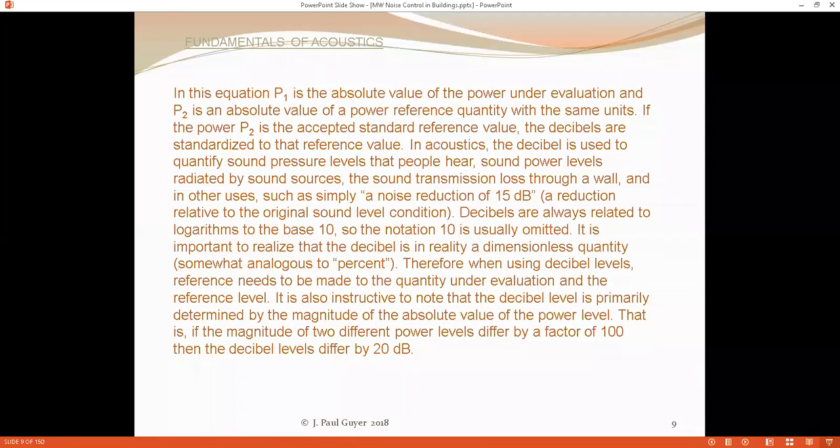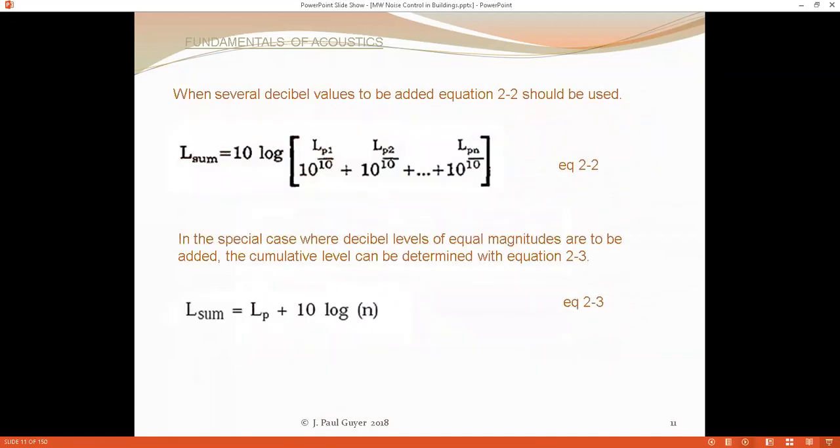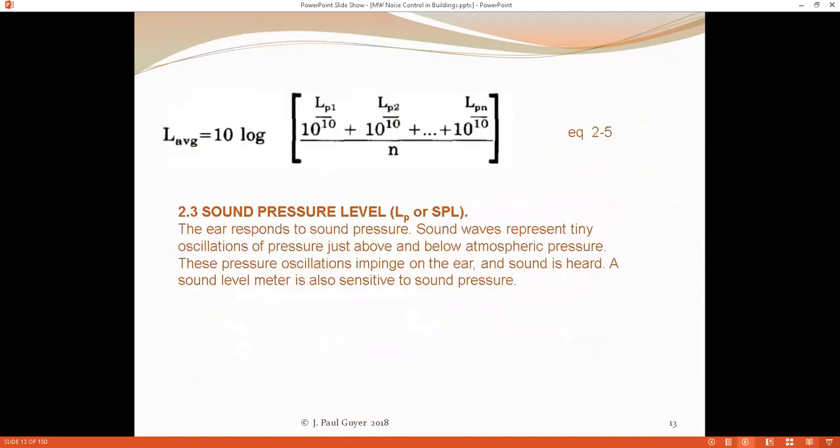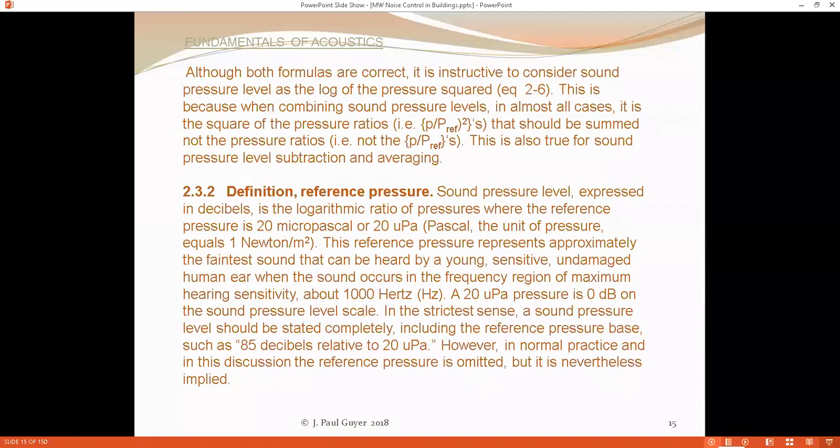It's the sound pressure that the young, healthy human ear can just perceive: it's 20 micropascals.